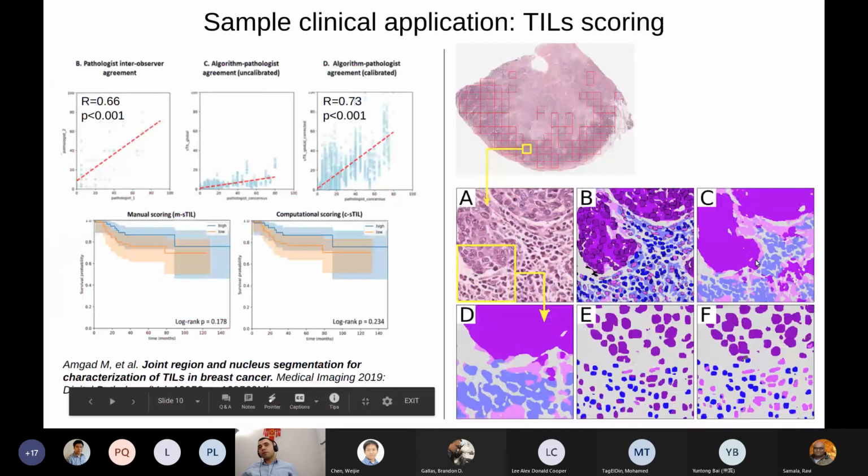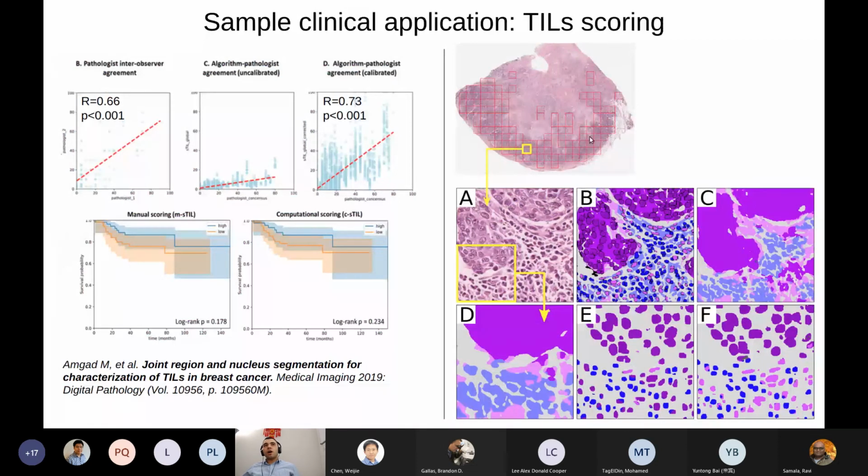One of our algorithms that we did for TIL scoring using these annotations basically showed that the computational TIL scoring using computational mapping stratifies patients in terms of survival outcomes similarly to a pathologist.